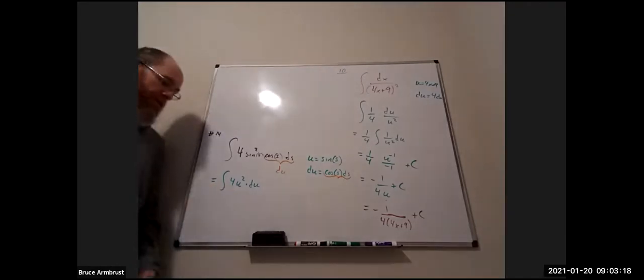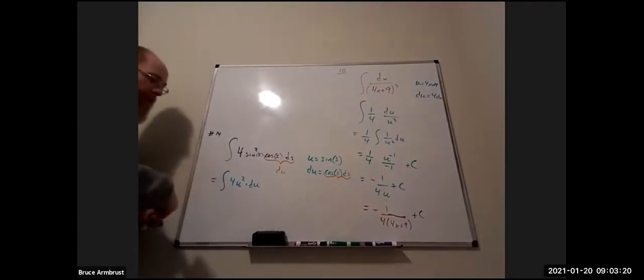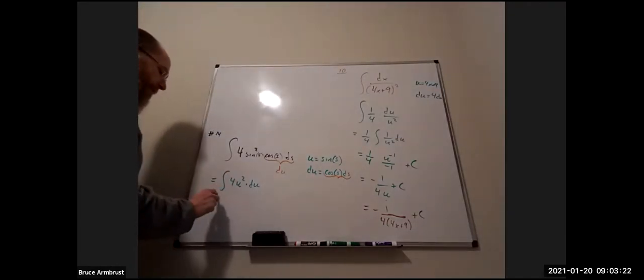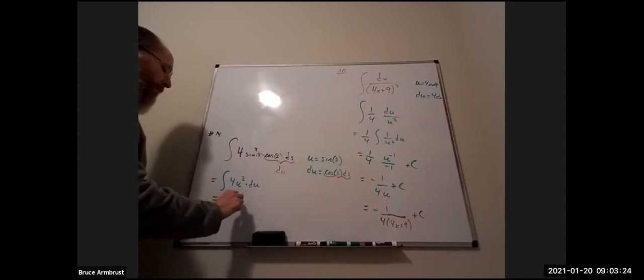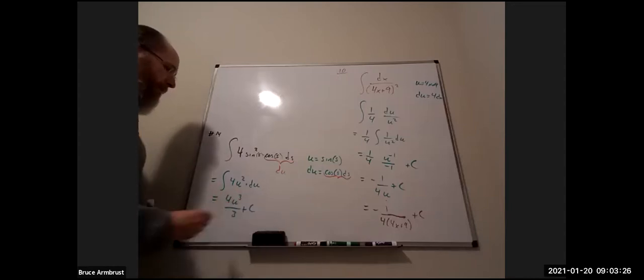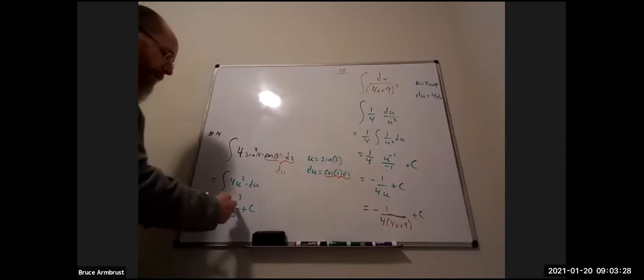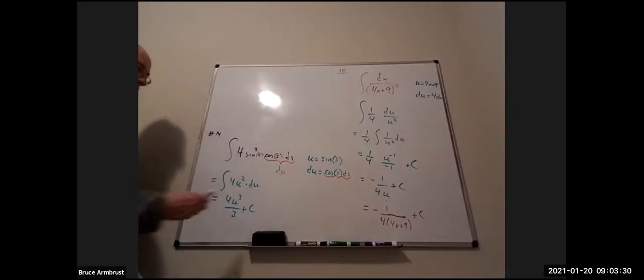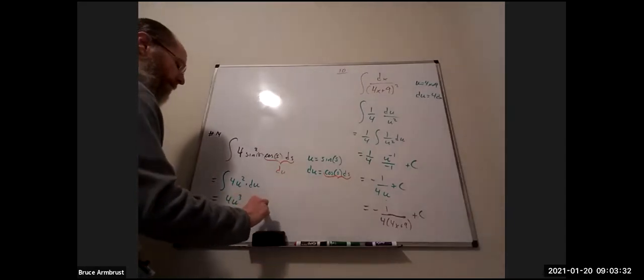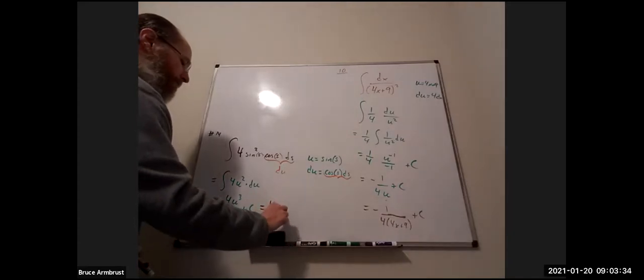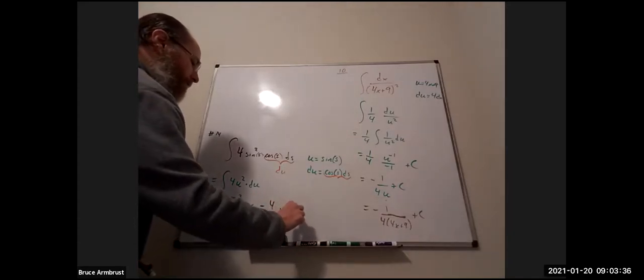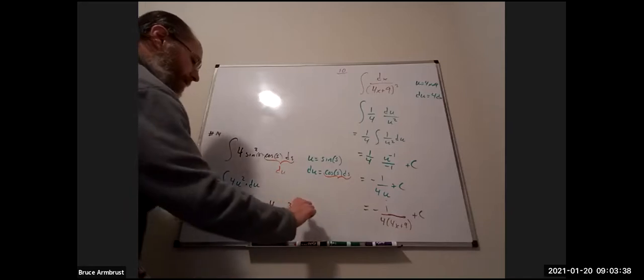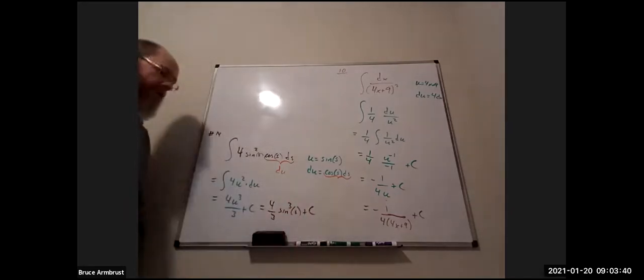So we get 4u squared du. This is going to be a quick integral then. This is going to give us 4u cubed over 3 plus c. But of course, we do need to substitute back. And when we do that, we get 4/3 sine cubed s plus c.